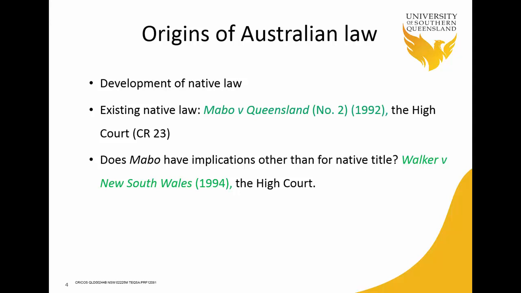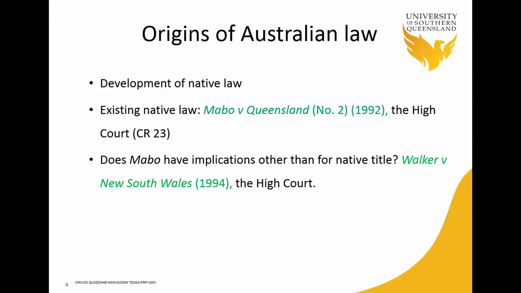Now we move on to 1992 with the case of Mabo, and this is Mabo number 2. And there was a first case because the government intervened by passing certain legislation, and the people who brought this cause of action had to go and challenge that piece of legislation before they move forward on the question of their ownership of their land of the Murray Islands in the Torres Strait.